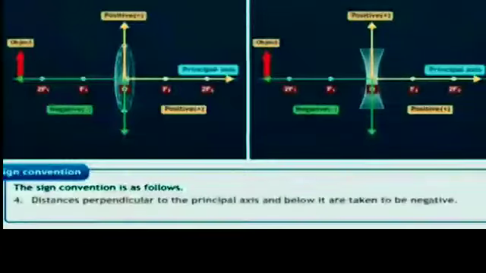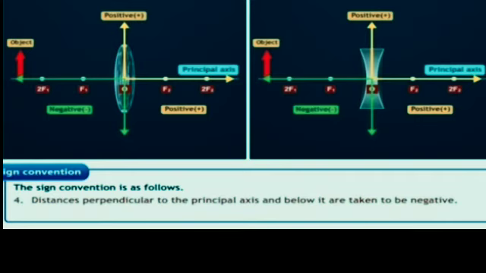Next is the sign conventions. Now observe this diagram. According to the Cartesian sign convention, the optical center O is taken to be the origin. The principal axis is the x-axis of the frame of reference. The sign conventions are: first one is that the object is always placed on the left of the lens.